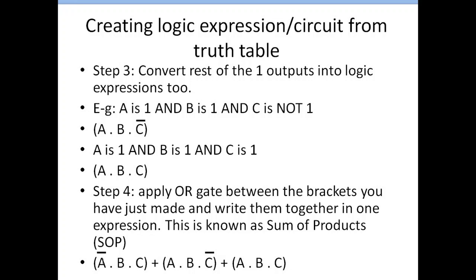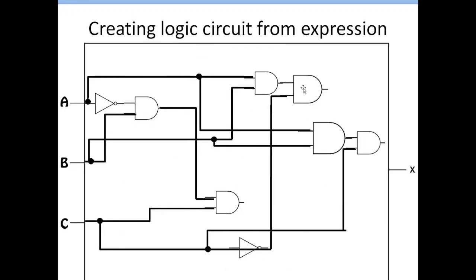Now we have OR gates between them. So between the two AND gates, one with the A bar and the other one with C bar, we are going to apply an OR gate. Means this one, and between this one we are going to apply an OR gate.